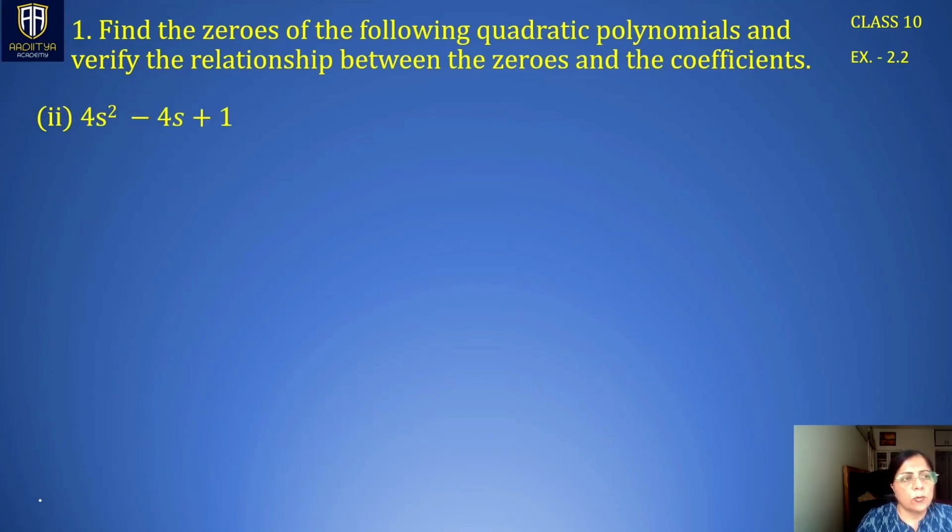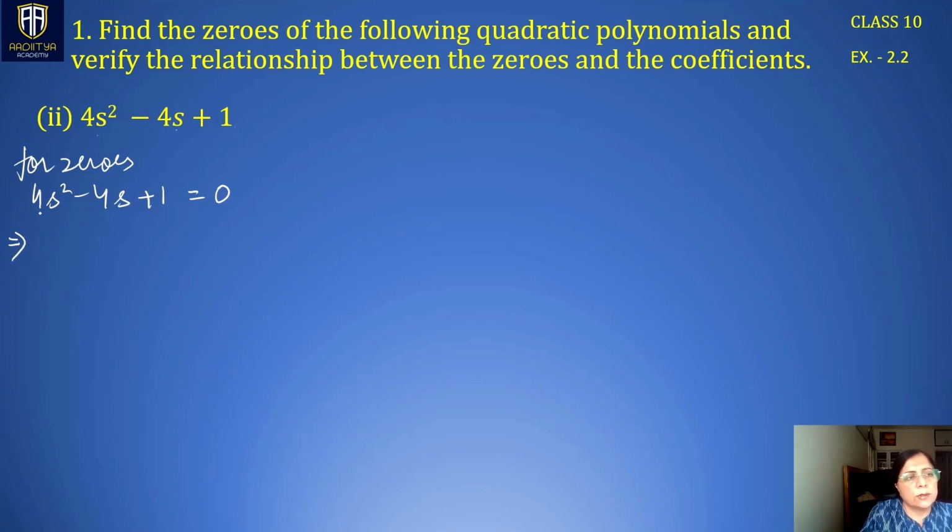Second part is 4s square minus 4s plus 1. Now this is also in the standard form, ax square plus bx plus c. Now for zeros, I equate 4s square minus 4s plus 1 is equal to 0. Right? Now we are going to do the middle term split.